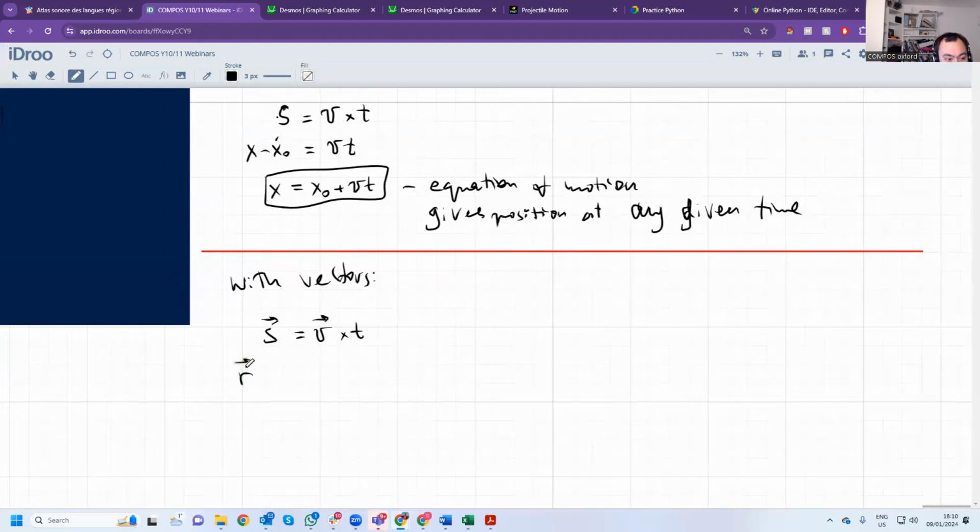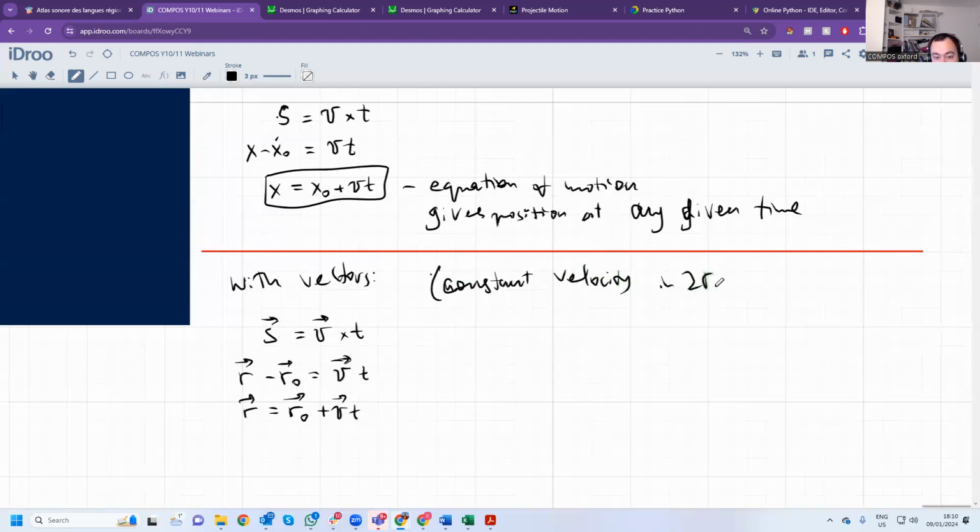So it's r final position minus the initial position equal the velocity multiplied by t, where r is the radius vector, the position vector. We call it the radius vector. And therefore r is equal to r0 plus vt. So that's moving at constant speed, constant velocity, in 2D.